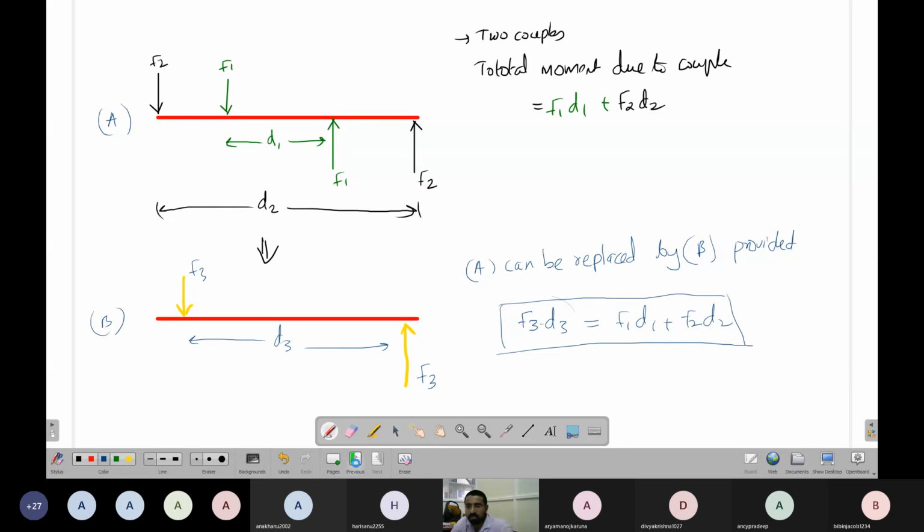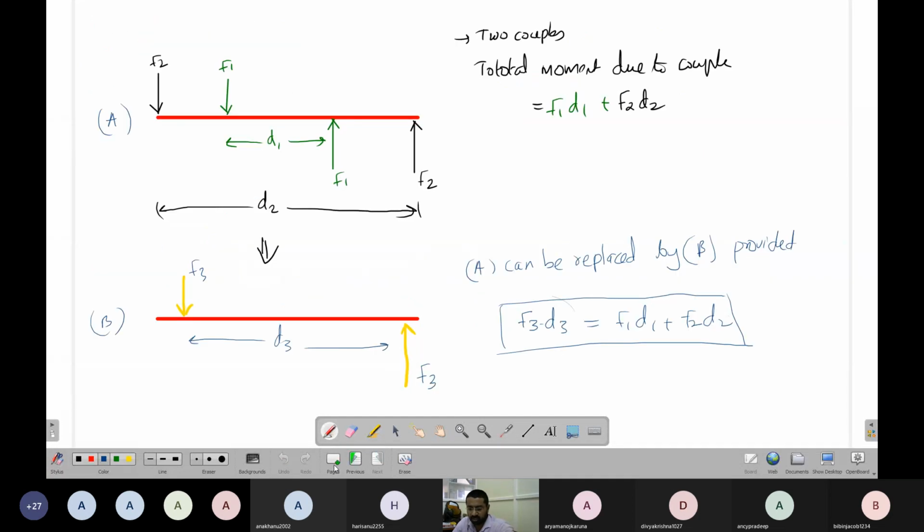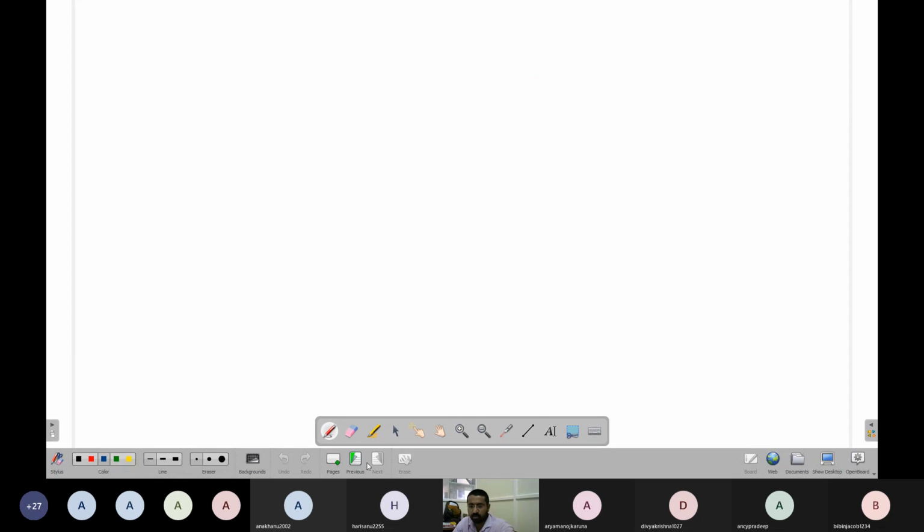So I hope this characteristic is clear to you. These are basically the properties. Now let us try to solve some problems. Let's say it's a simple problem.